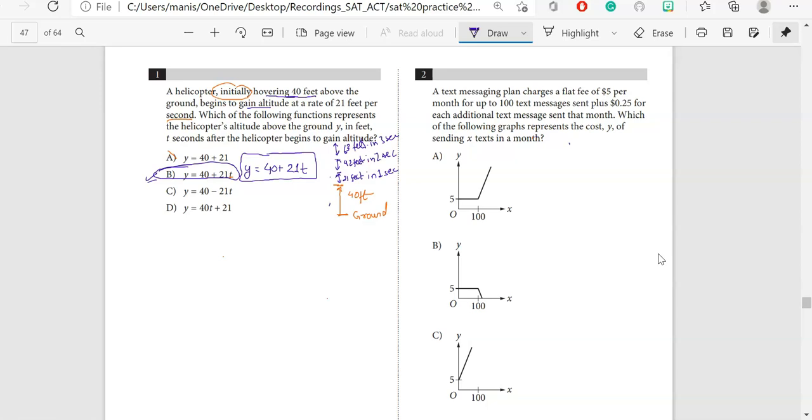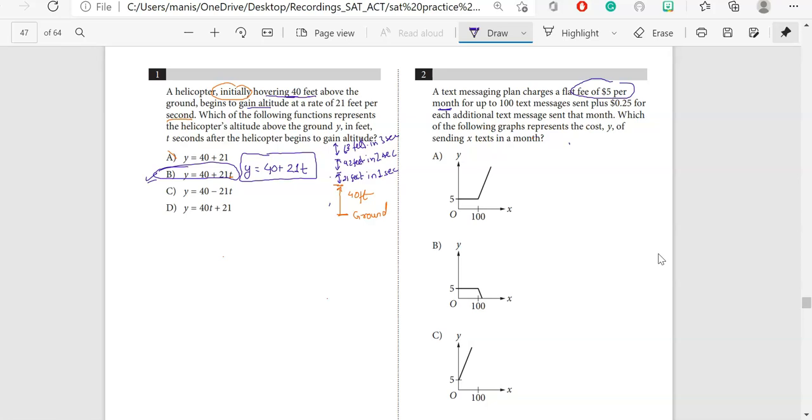Question number 2 says a text messaging plan charges a flat fee of $5 per month, this is a constant, for up to 100 text messages sent, plus 25 cents for each additional text message sent that month.